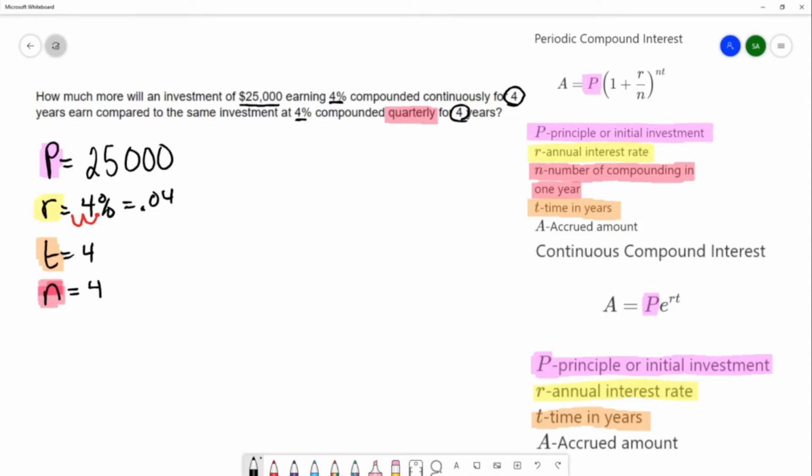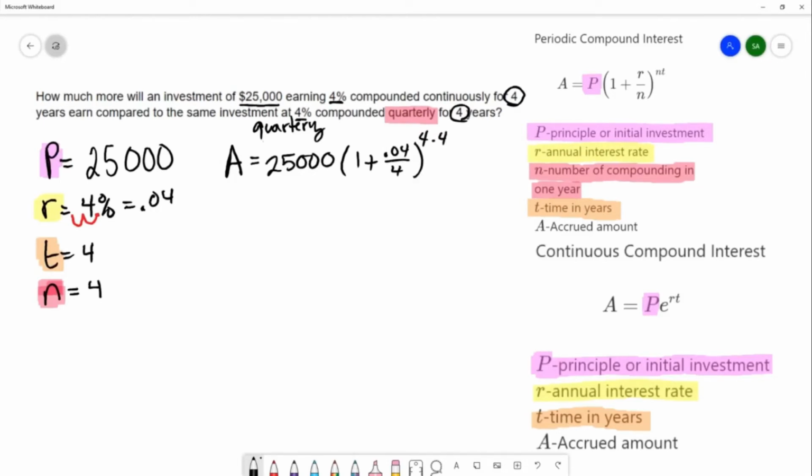Let's do the periodic account first, the quarterly one. We have $25,000 as our principal times 1 plus 0.04 over 4, to the 4 times 4.